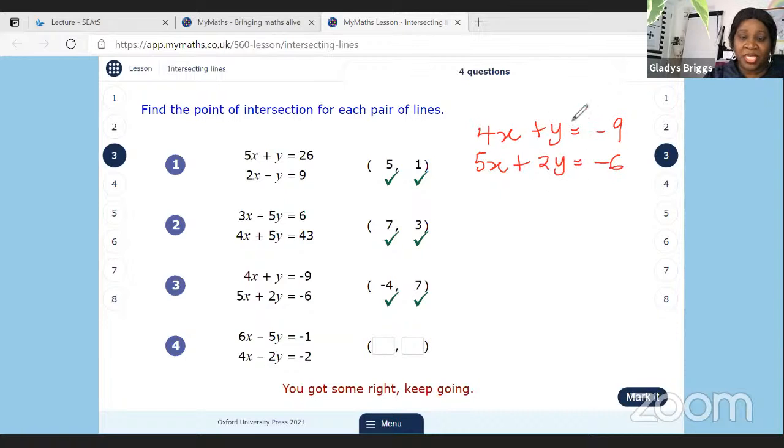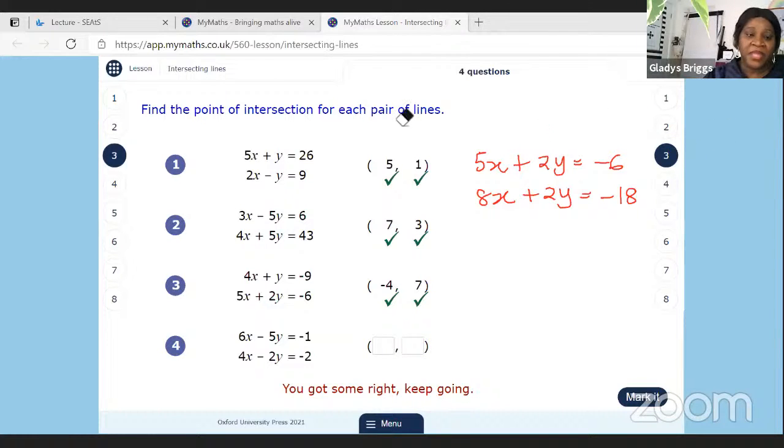Equation 1 times 2 is going to give me 8x plus 2y is equal to -18. And then I'm going to get rid of the old one. I don't need it anymore.